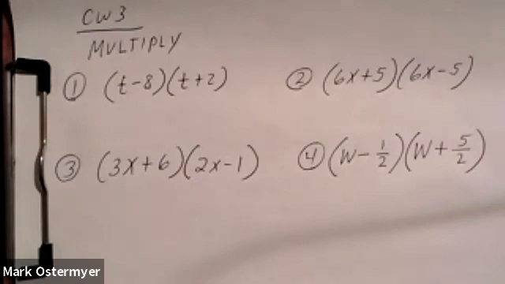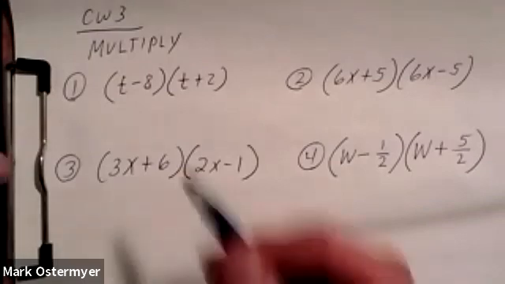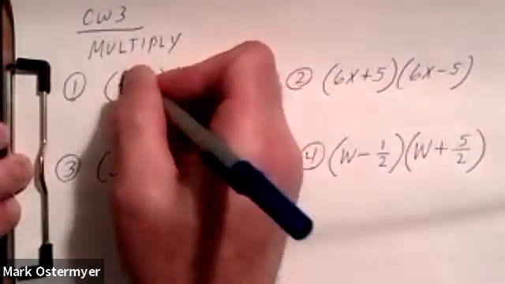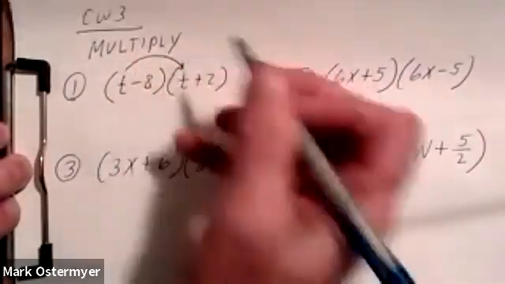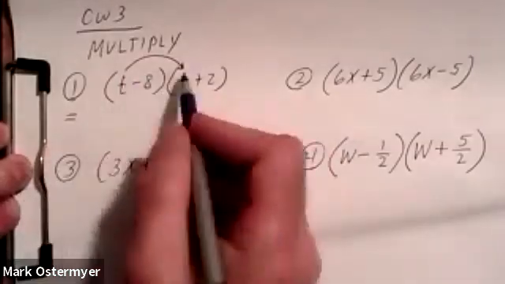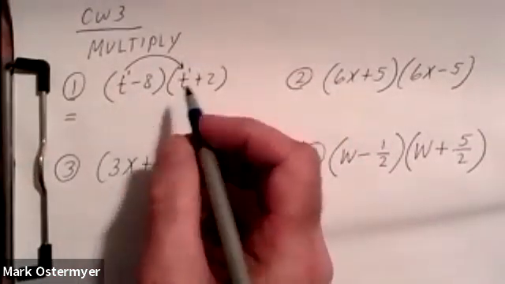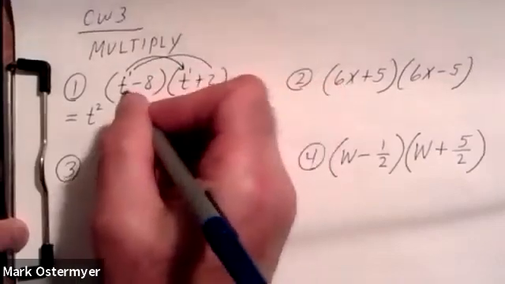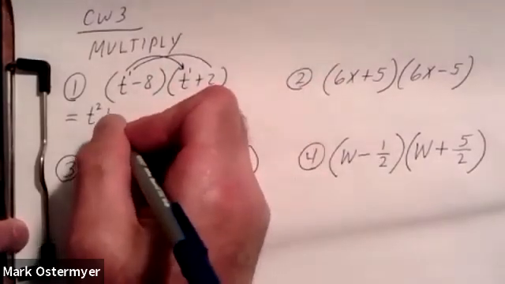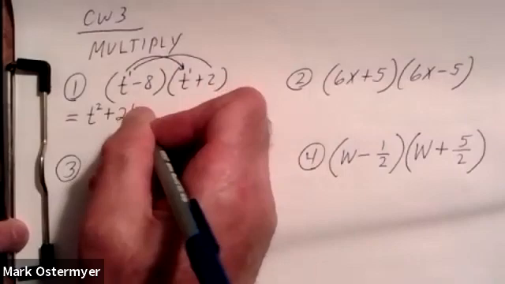All right, let's take a look at a couple of these and see if you had any success. First one, we have t times t. What is t times t? t to the second power. Now multiplying the outer terms together, t multiplied by 2 is plus 2t.